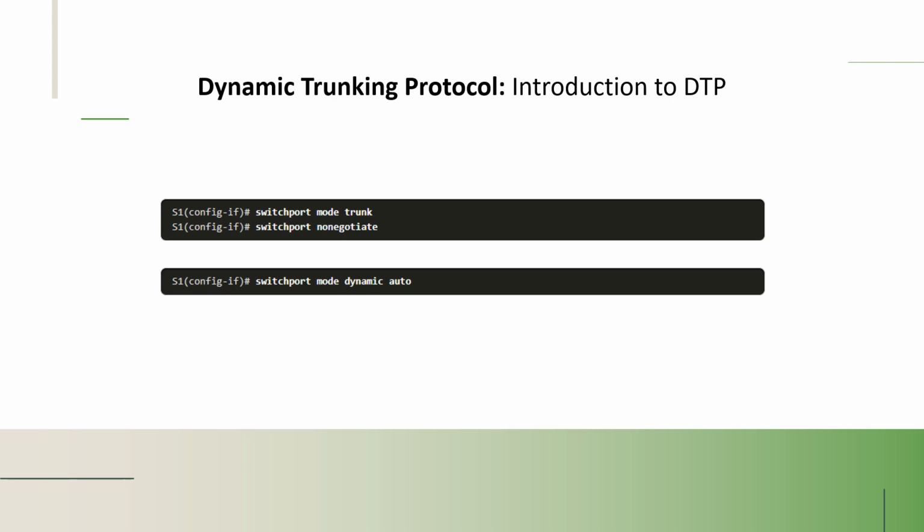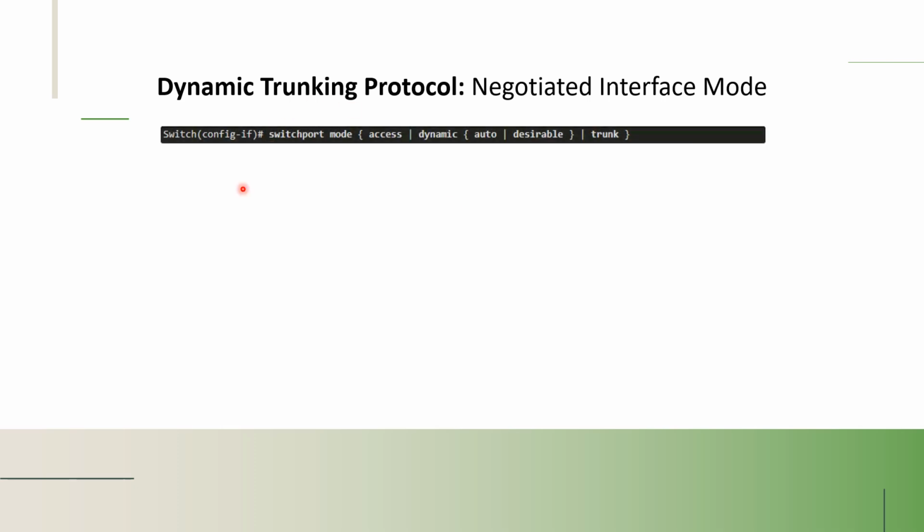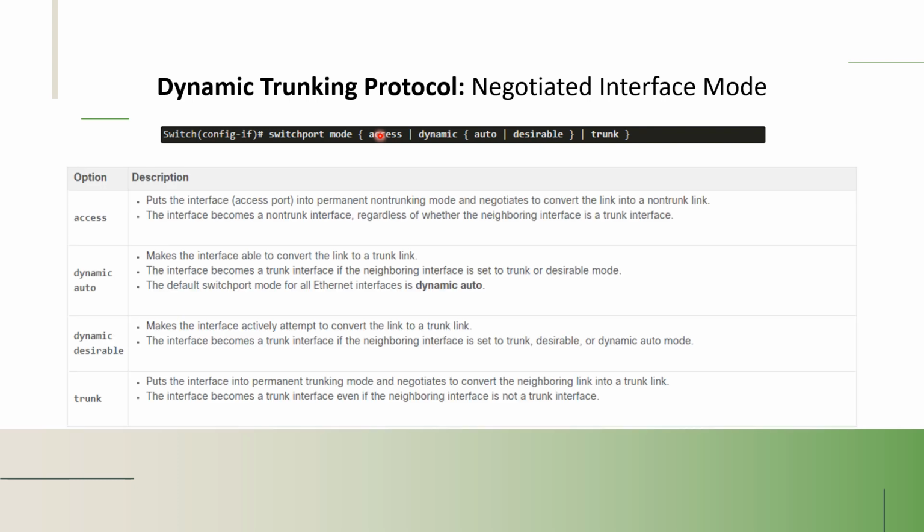For the negotiated interface mode, by using the switchport mode command with additional options for negotiating the interface mode, you will have the full command syntax as it is listed here. So if you are in the interface with switchport mode followed by the additional options for negotiation, we will have these options as described in this table.